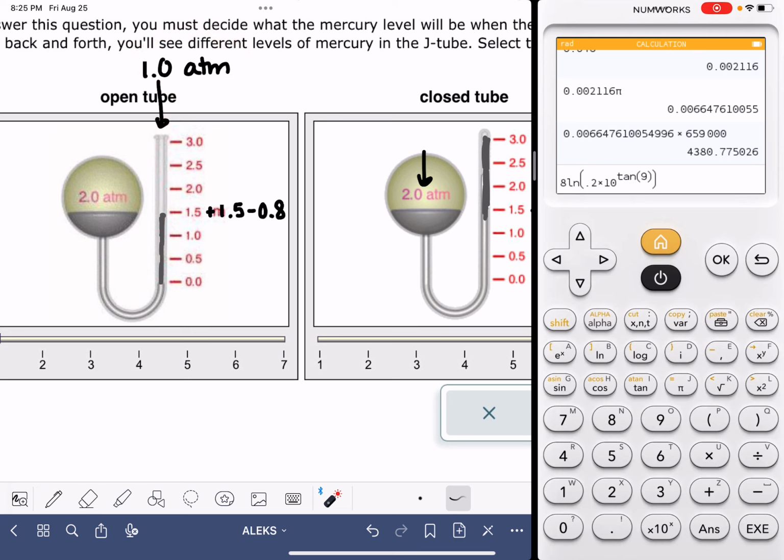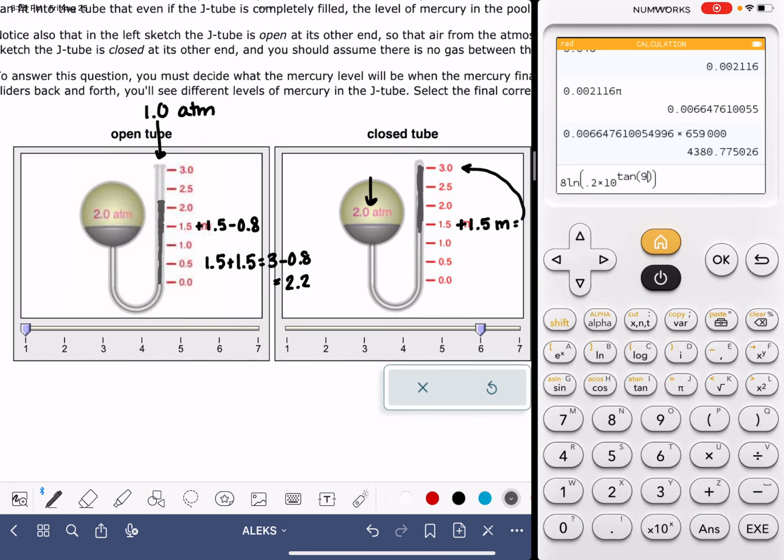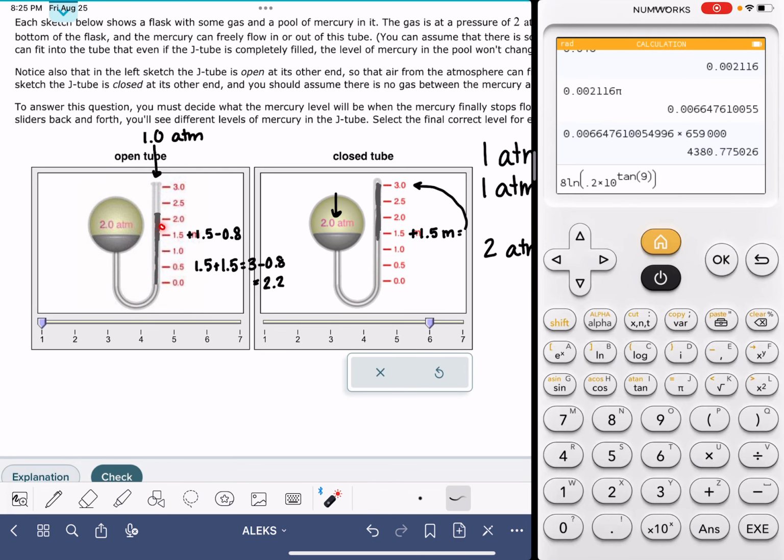And so that's going to end up 1.5 plus 1.5 is about 3 minus 0.8. That's going to be about 2.2. So our gas is going to end up right around this spot right there. And again, you're going to choose this answer by clicking through these different options and finding the one that has the height of the mercury that matches up the closest with the calculation that you've done.